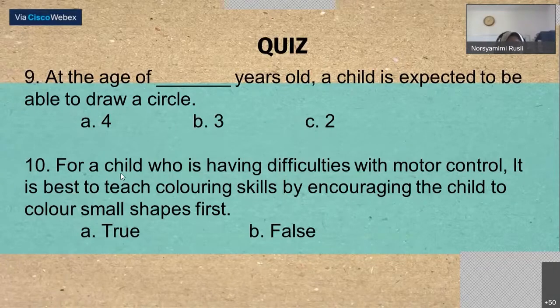Number 10. For a child who is having difficulties with motor control, it is best to teach coloring skills by encouraging the child to color small shapes first. True or false?